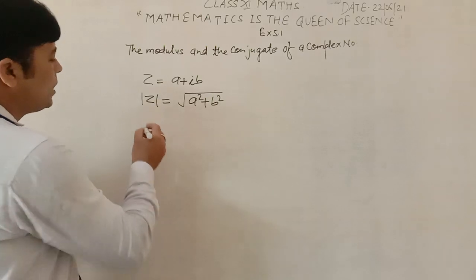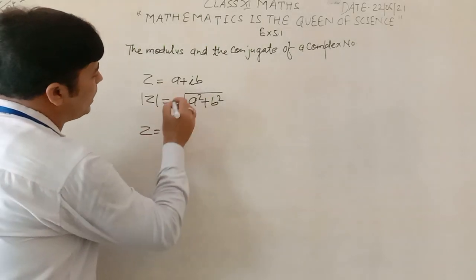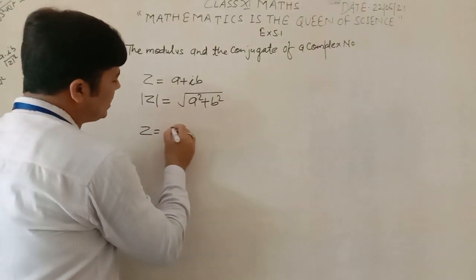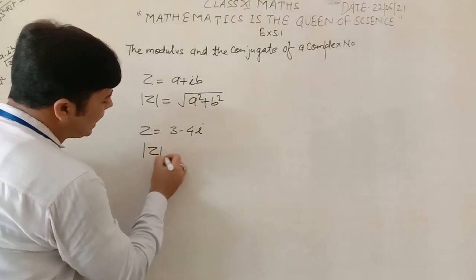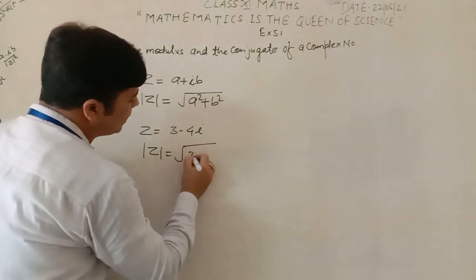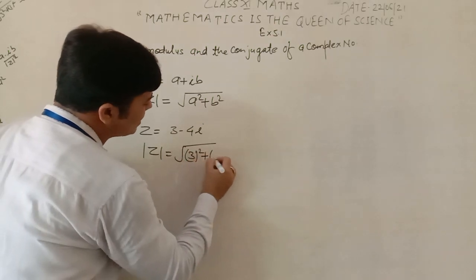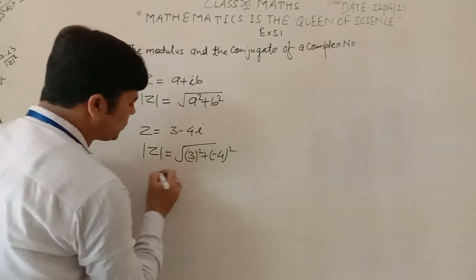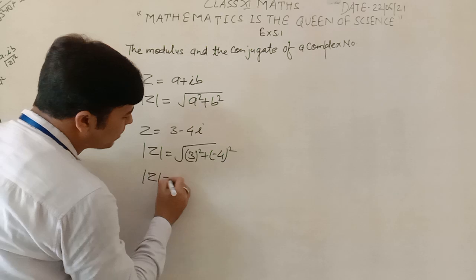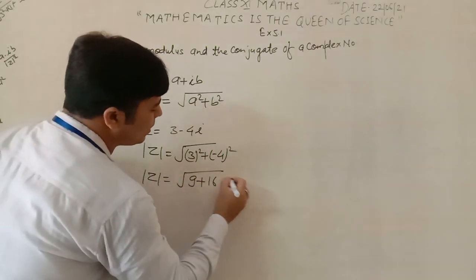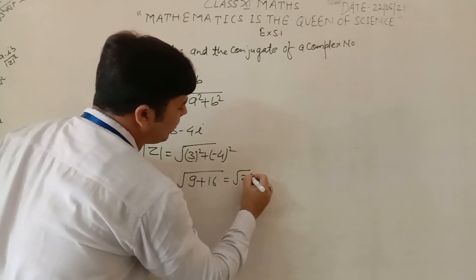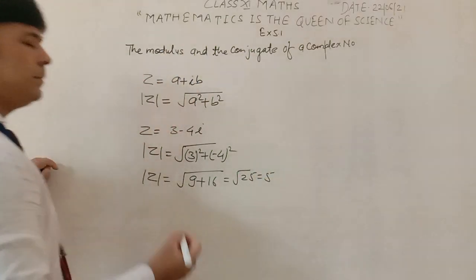Suppose you have given z is equal to 3 minus 4i, then mod of z can be represented as under root 3 square plus minus 4 whole square. Means mod of z is equal to 9 plus 16, means root 25, and it is equal to 5.